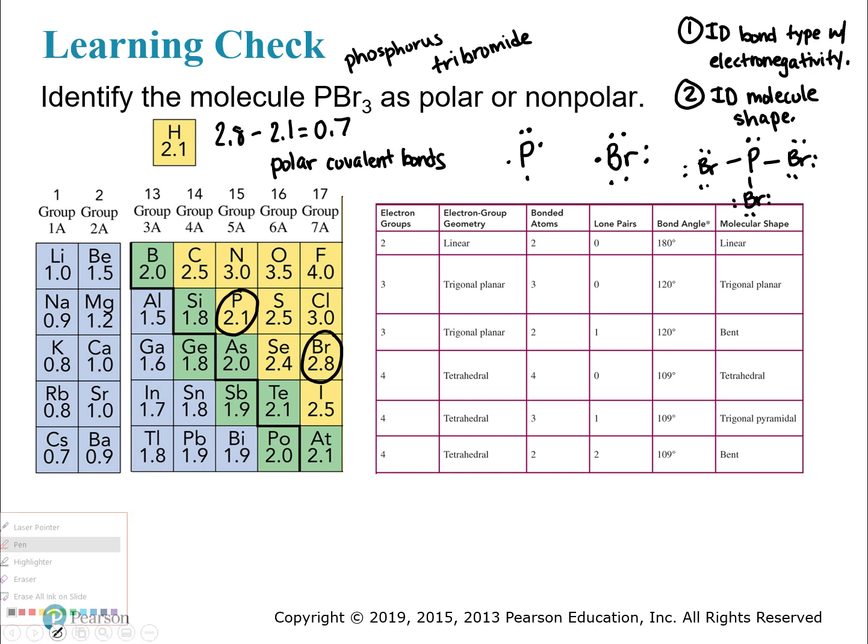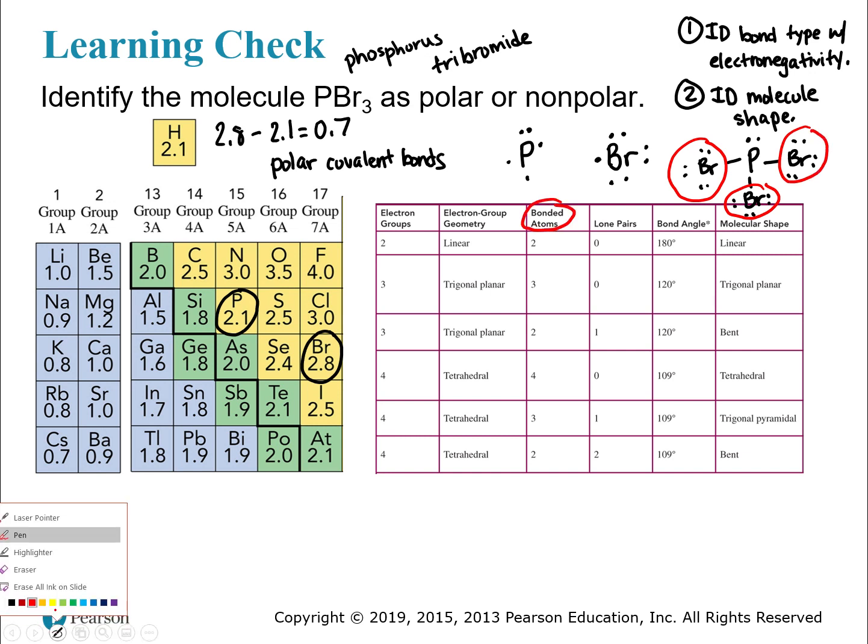I'll circle the bonded atoms in red. That's our bonded atoms. And the only lone pairs that we care about are the lone pairs on the central atom. We don't care about the ones on the bromine. They don't contribute to the shape of the molecule.